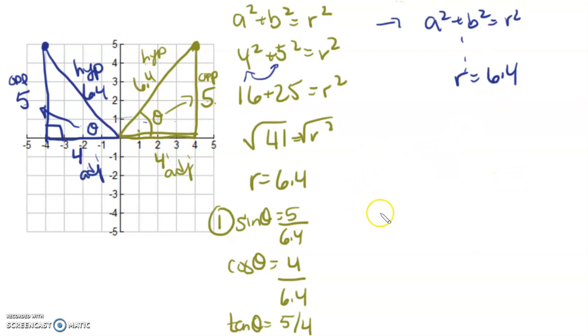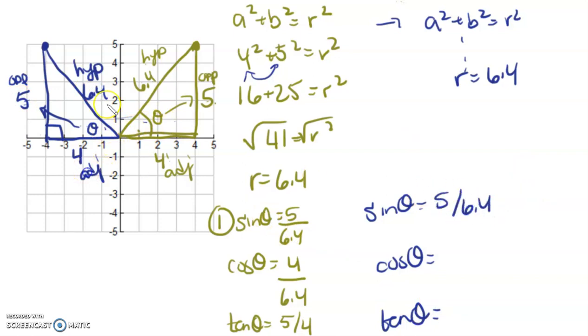Now, if we did sine theta, cos theta, and tan theta, we're going to get 5 over 6.4, 4 over 6.4, and 5 over 4. If we notice, the ratios are exactly the same.